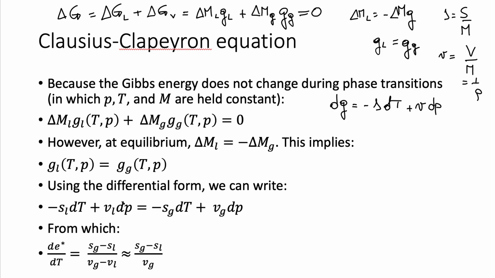Take all the p terms on one side, all the T terms on the other side, and you end up with an equivalence like this: de star over dT is the difference in specific entropies over the difference in specific volumes. Now comes the simplification: specific volume of gas minus specific volume of liquid.